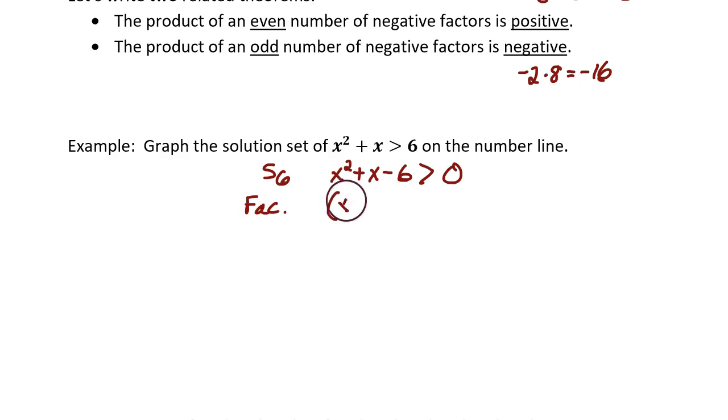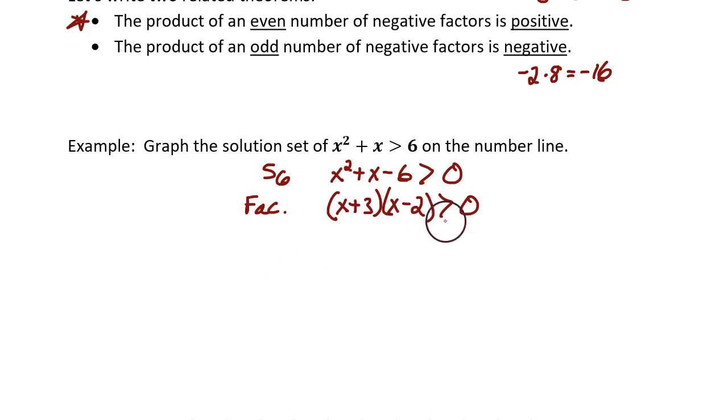This can be written as x plus 3 times x minus 2. If this was an equation, we could solve by taking each factor and setting equal to 0. But this is an inequality, and it has a greater than 0. According to the first theorem on top of the screen, what can we conclude about the factors?